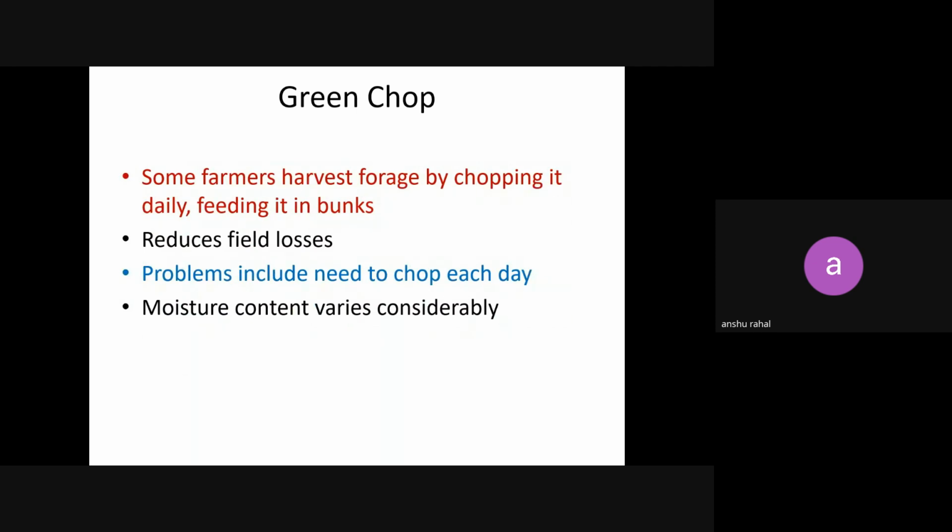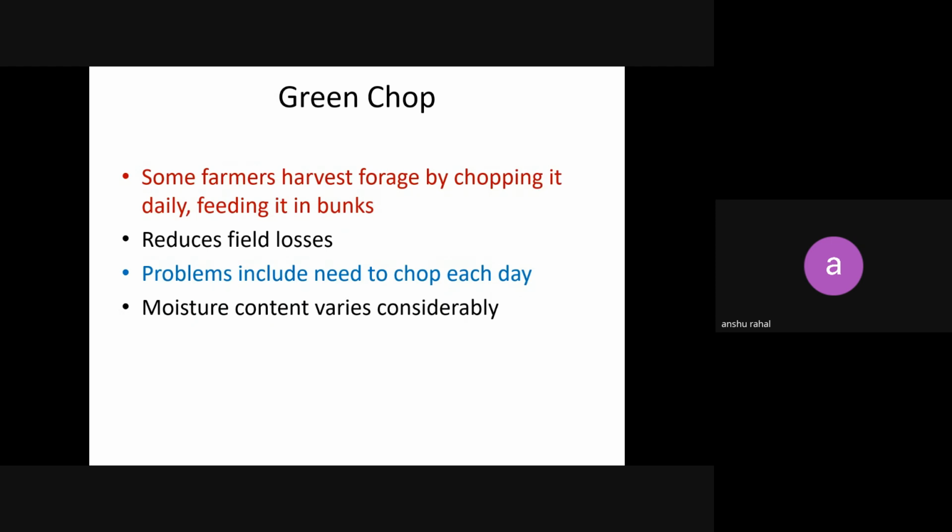Then green chop. Usually you may have seen that at village level, the farmers harvest the forages and then chop it. If you are giving whole length forage to the animal, it is difficult for the animal to eat. But if you are going for chopping, then it increases the animal's feed intake. And you should feed it in bunks.